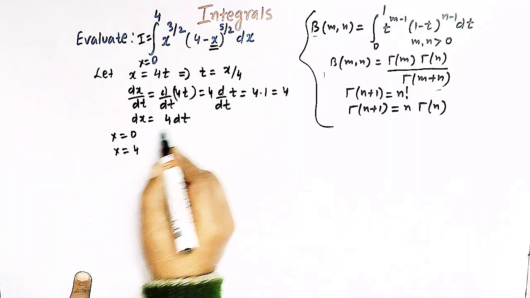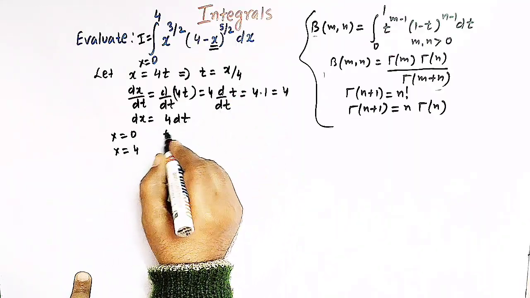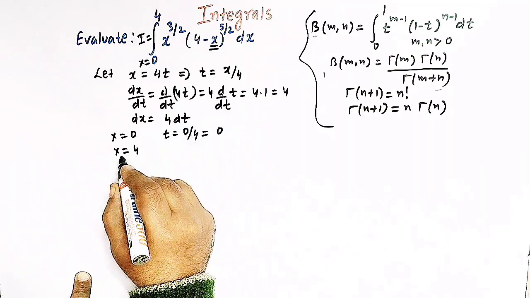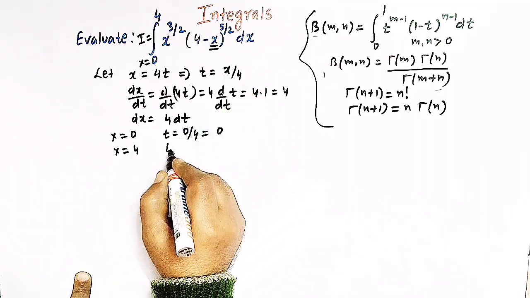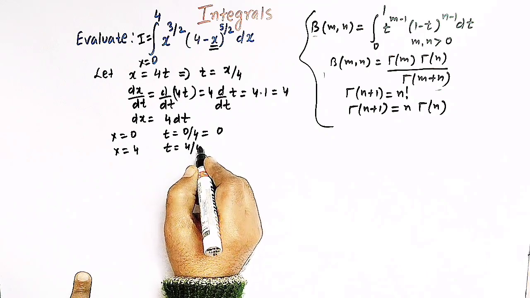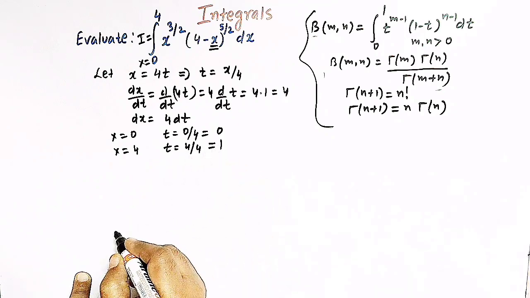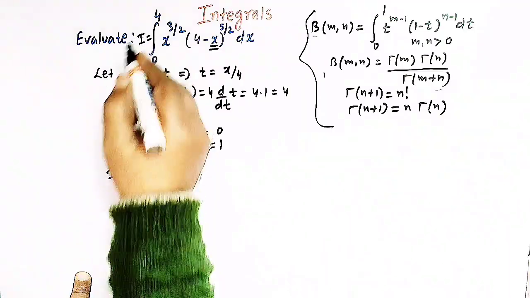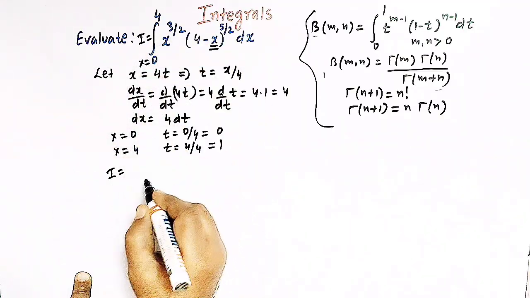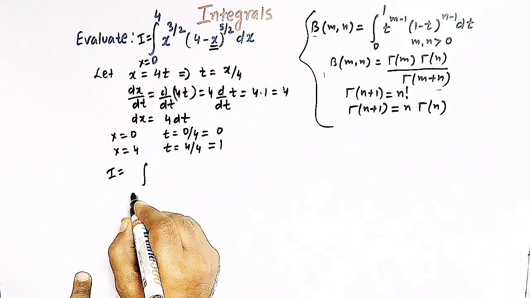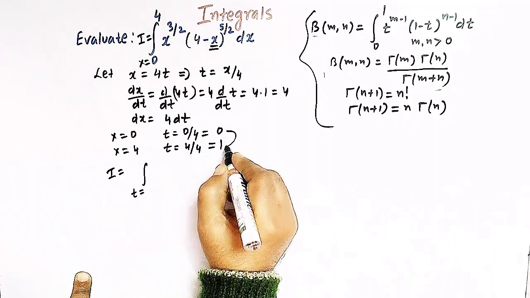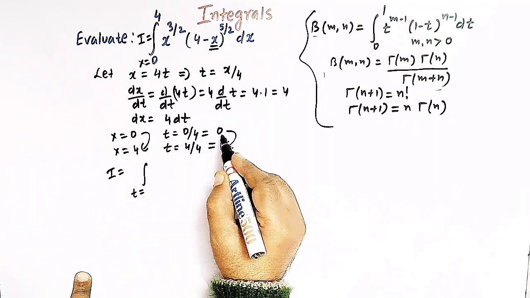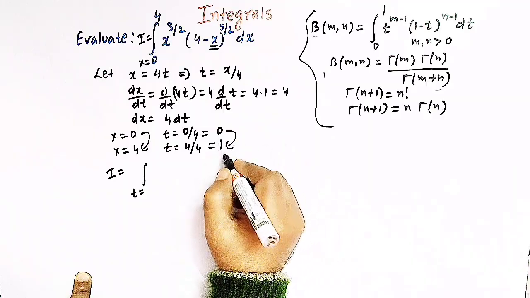When x is equal to 0, then t is 0 over 4, that is 0, and when x is 4, then t is 4 over 4, that is 1. So now let us write this integral I in terms of t. We can now write the limits from 0 to 1, because when x changes from 0 to 4, t goes from 0 to 1.